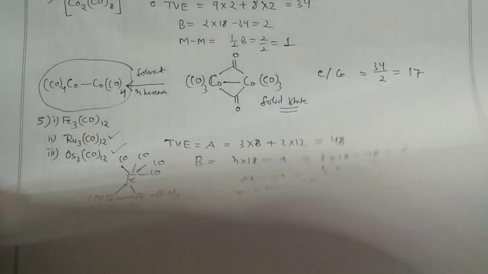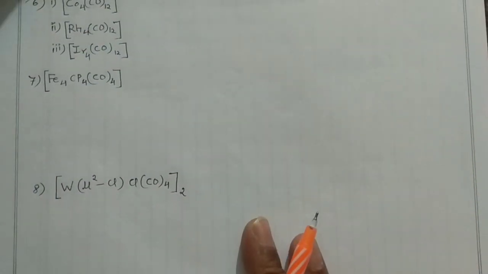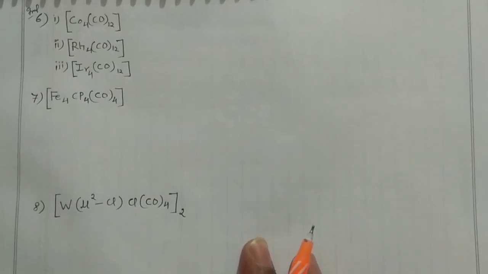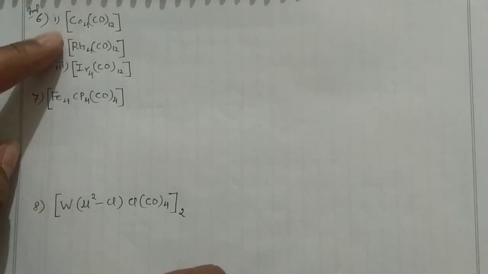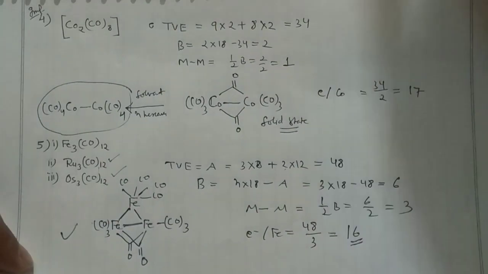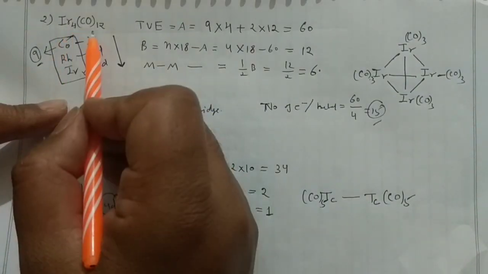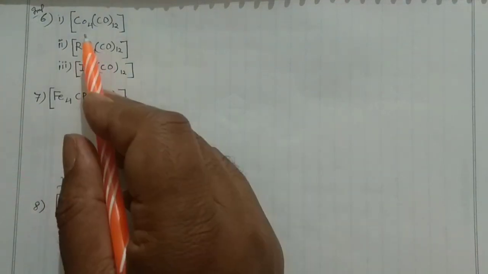My next example is again a carbonyl complex, and this question I have done already. I have solved Ir4(CO)12, and this is Co4(CO)12.